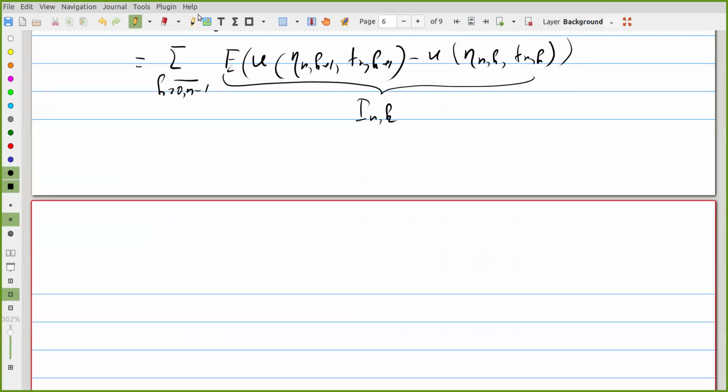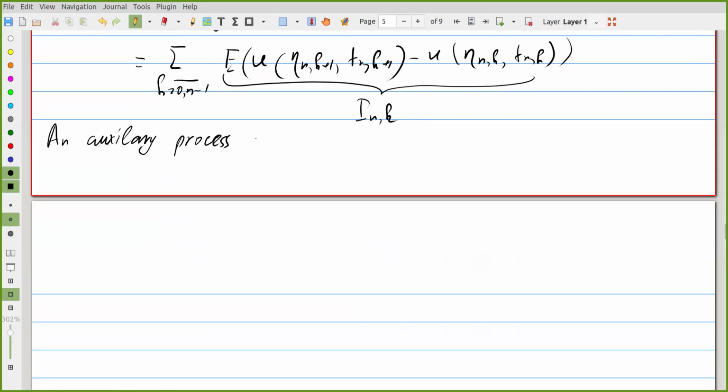Let us consider one term in the sum. For that, let us introduce an auxiliary process with continuous trajectories, which is a continuous version of the Euler-Maruyama scheme. We already considered it in our course.